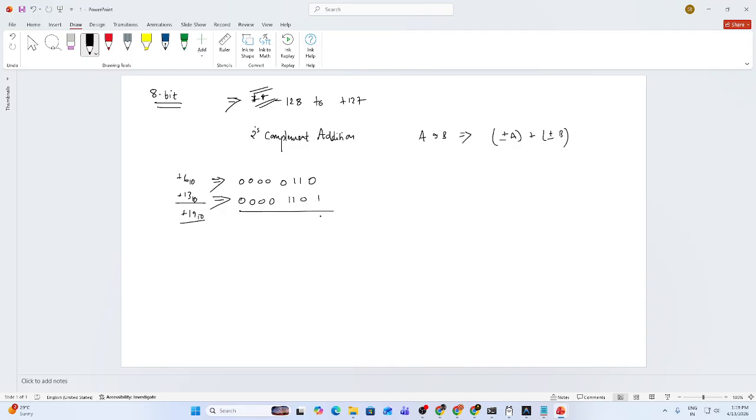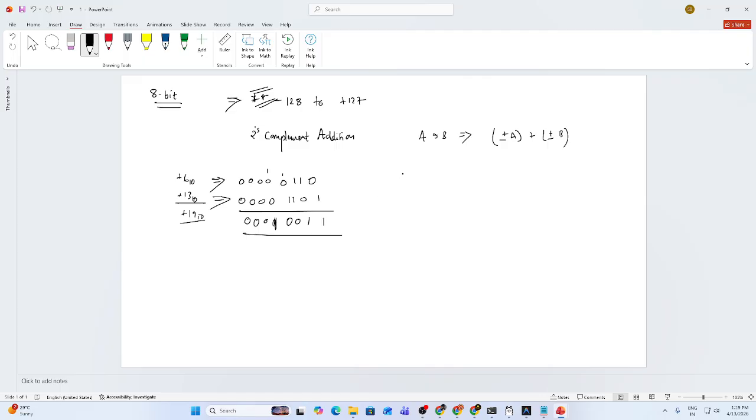If we add these two numbers, the result is 0001 0011. You can see that this is nothing but plus 19. So this is one case.